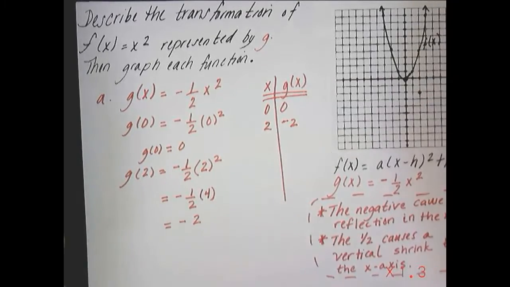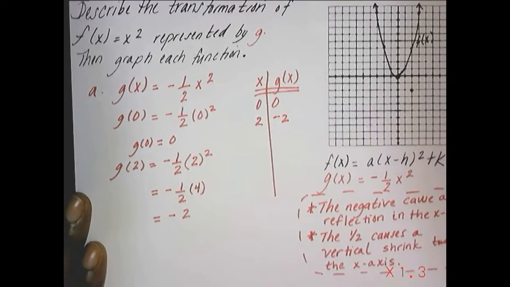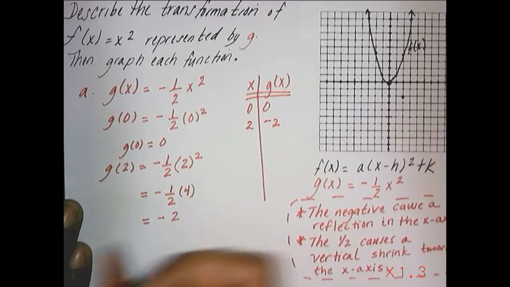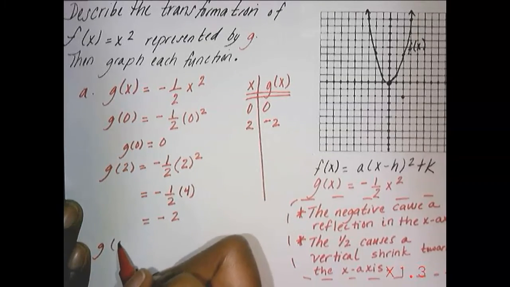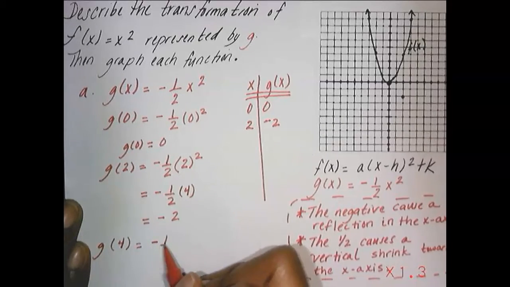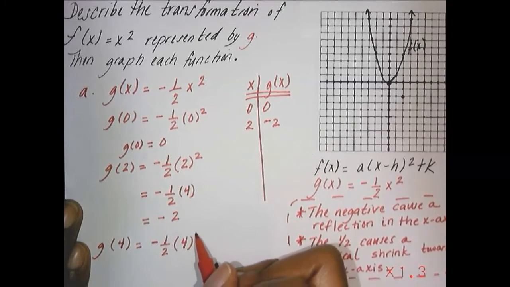Okay, now let's see what happens at 4. With 4 squared, 16. So we're going to do negative 1/2 times 4 squared.